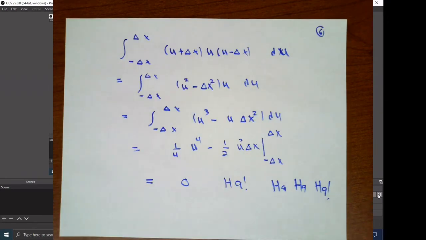Consequently, the change that I get from Simpson's rule to the new and improved rule will be the integral from negative delta x to positive delta x, u plus delta x times u times u minus delta x, integrated with respect to u. After doing the algebra and then the antiderivative, which turns out to be an even function of u, when you evaluate it at delta x and negative delta x for the u value, you get the same quantity.